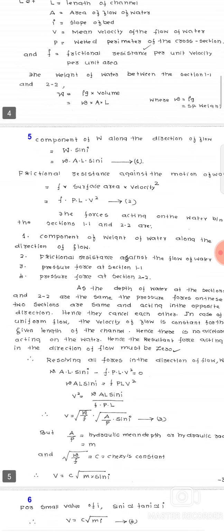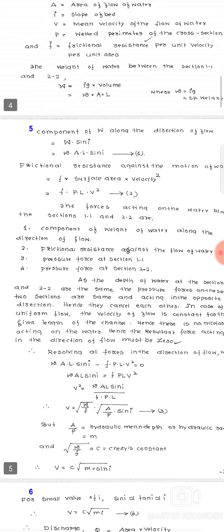So the forces acting on the water between sections 1 and 2 are: first, the component of weight of water along the direction of flow; second, the frictional resistance against the flow of water; third, the pressure force at section 1; and fourth, the pressure force at section 2.